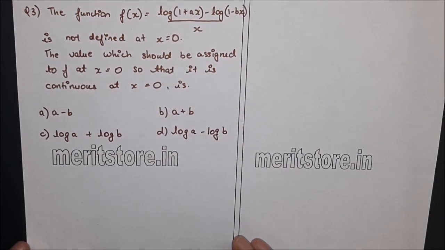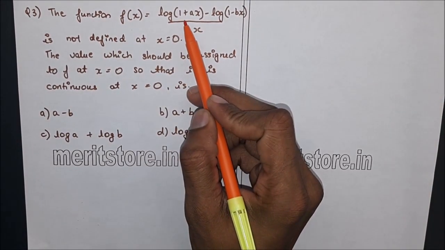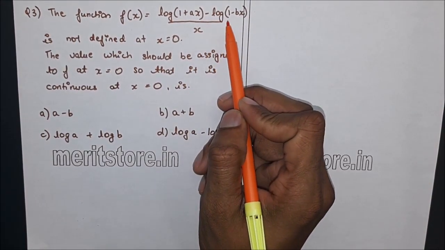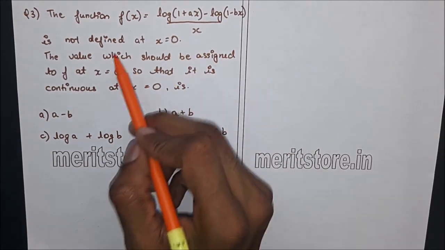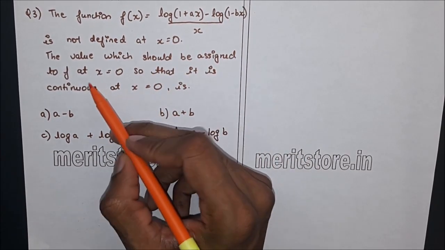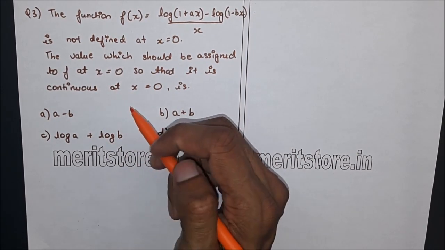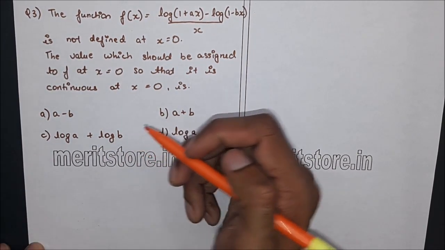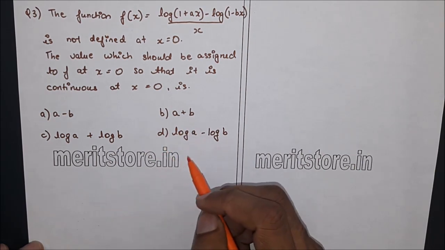Question 3. The function f(x) = [log(1 + ax) - log(1 - bx)] / x is not defined at x = 0. The value which should be assigned to f at x = 0 so that it is continuous at x = 0 is, we are given four options.